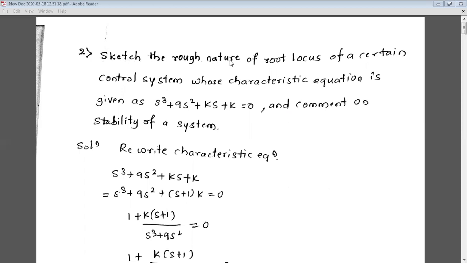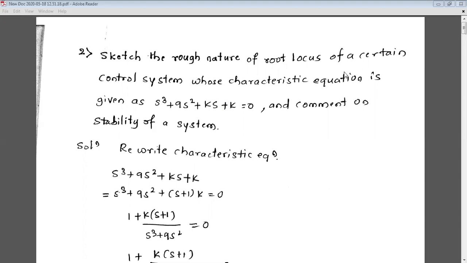Sketch the rough nature of root locus of a certain control system whose characteristic equation is given as s^3 + 9s^2 + Ks + K = 0, and comment on the stability of the system. So this is the given information to solve the numerical on root locus, right?